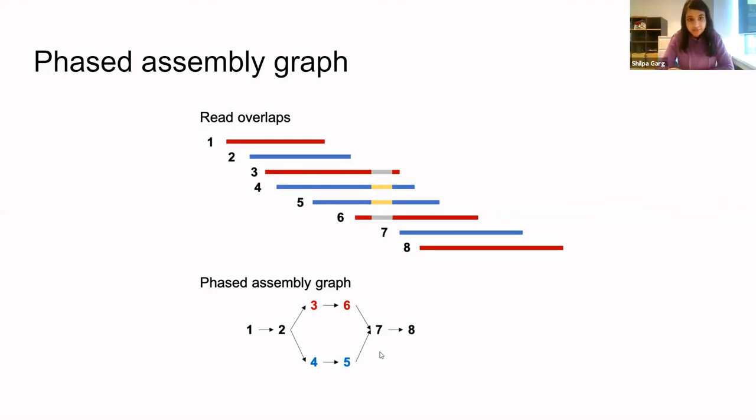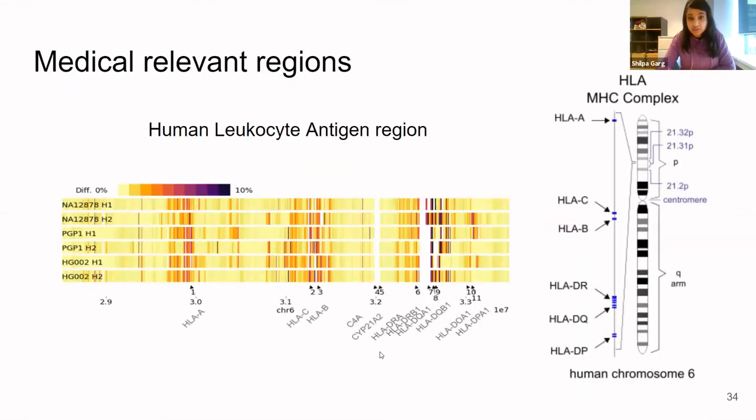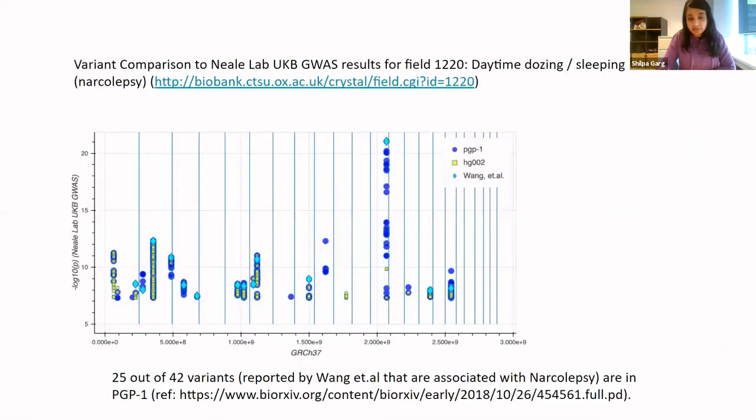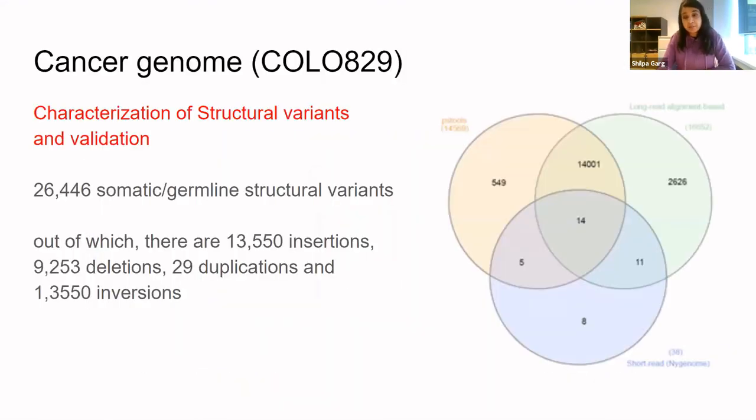But I have tested only for COLO829, which is a trisomy, like there is a 3 change, but it's a good question how far it can go in practice. But in principle, I believe it should work. Okay, thank you.